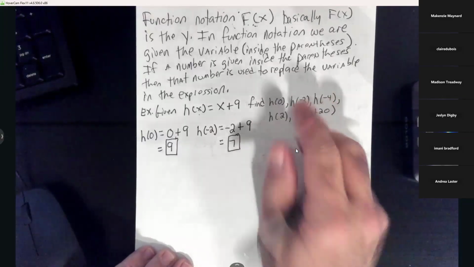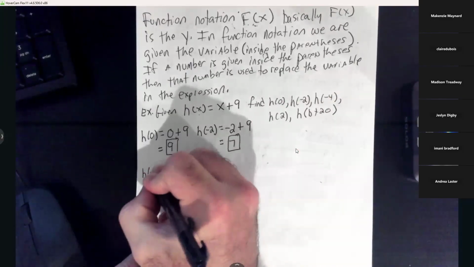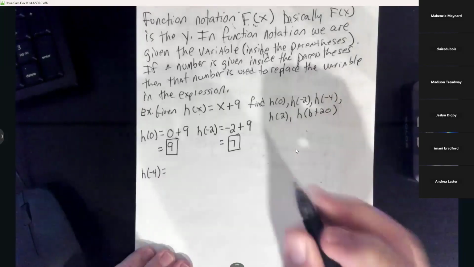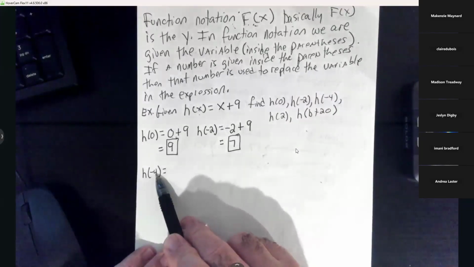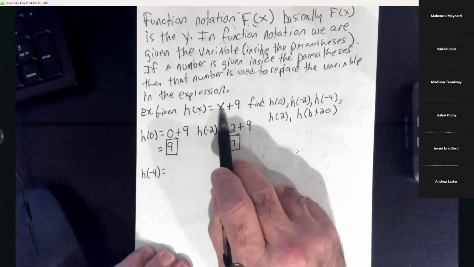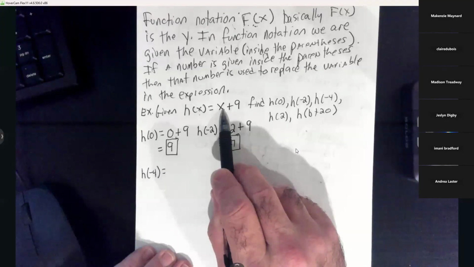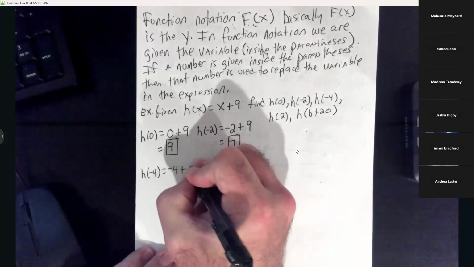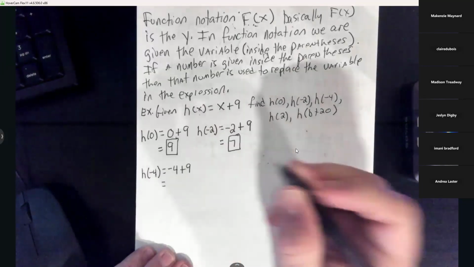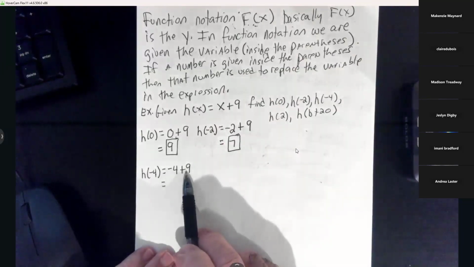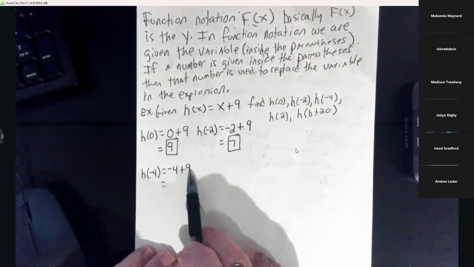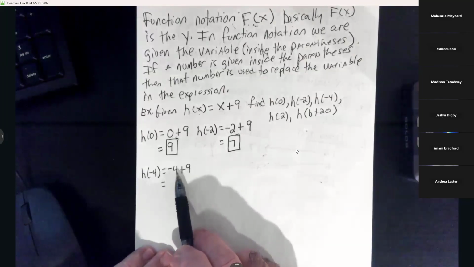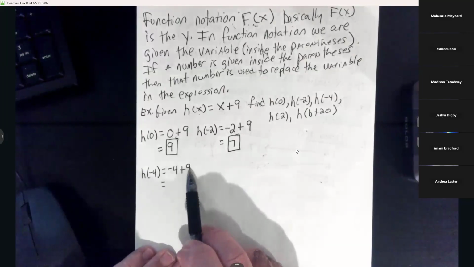All right, I got an h of negative 4. Since the negative 4 is inside the parentheses, we're going to put that in for the x. That's going to give me negative 4 plus 9. Unlike signs, so subtract the smaller number from the larger. 9 minus 4 is 5. Then give the sign of the larger number.